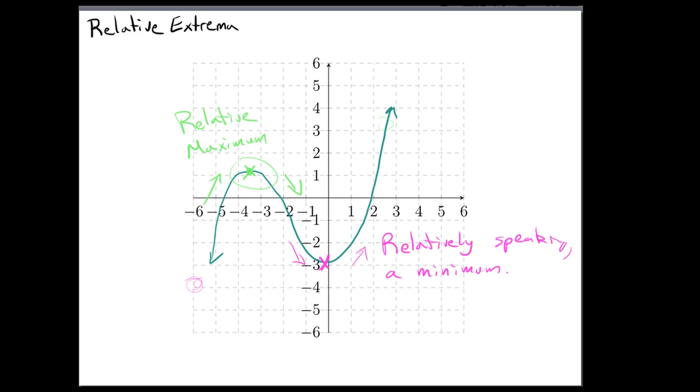The other word for that is a local minimum or a local maximum. It's the greatest f of x in some region, and the smallest f of x in some region.